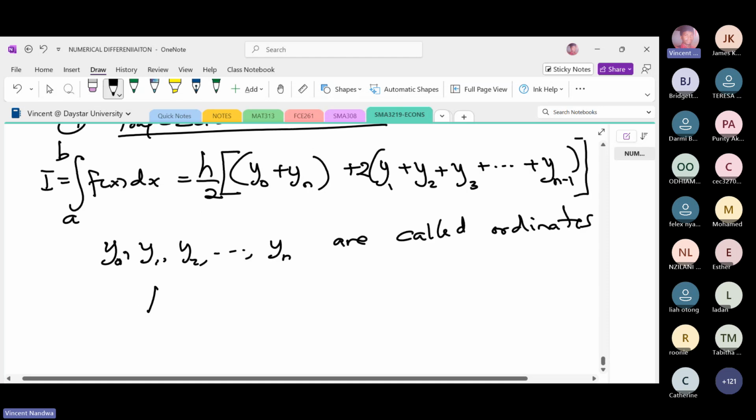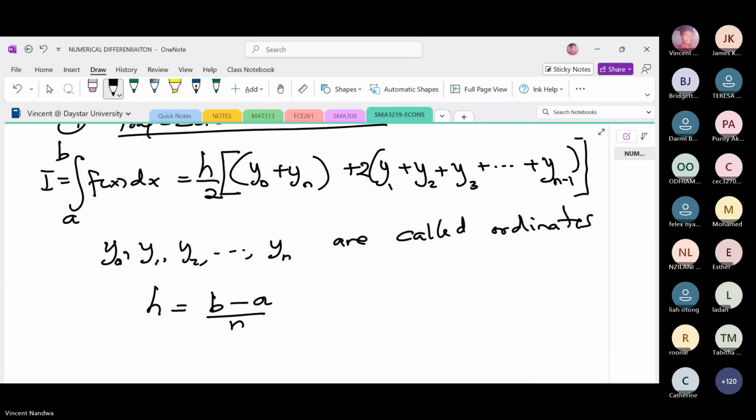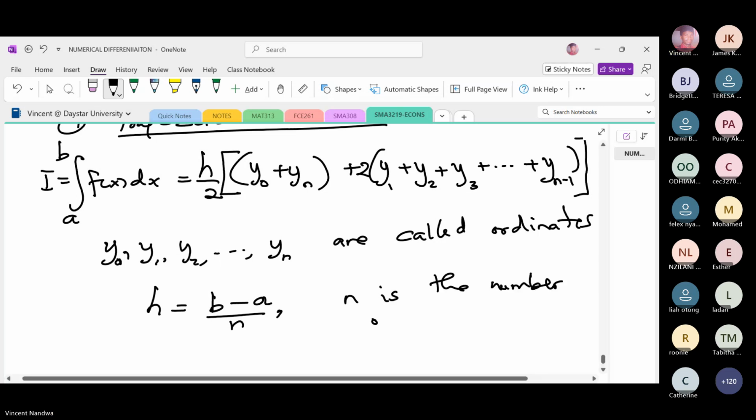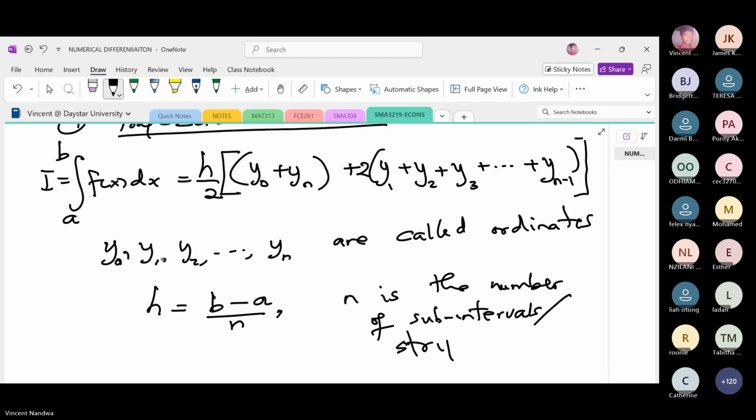Then h is given by b minus a over n, where n is the number of subintervals, or sometimes we call them strips.